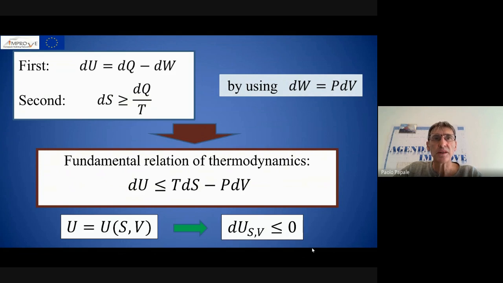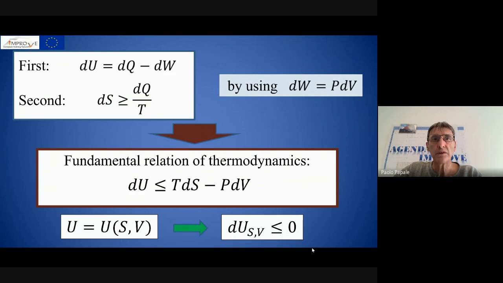Let's consider it once again. We are saying that any spontaneous or irreversible process that evolves at constant entropy and volume will continue for as long as the internal energy of the system decreases.